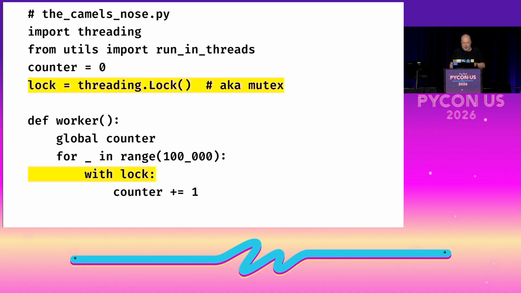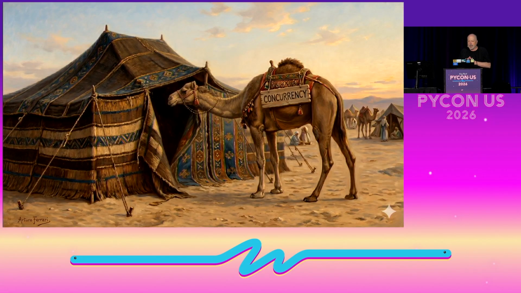And you'll notice that I gave this example a kind of a weird name, the camel's nose, and that's because there's a saying in places where there are camels in tents that once the camel's nose enters the tent, the rest of the camel will follow. And in this case, it's concurrency. And so you can't just go, oh, concurrency is simple, all I have to do is this little thing.